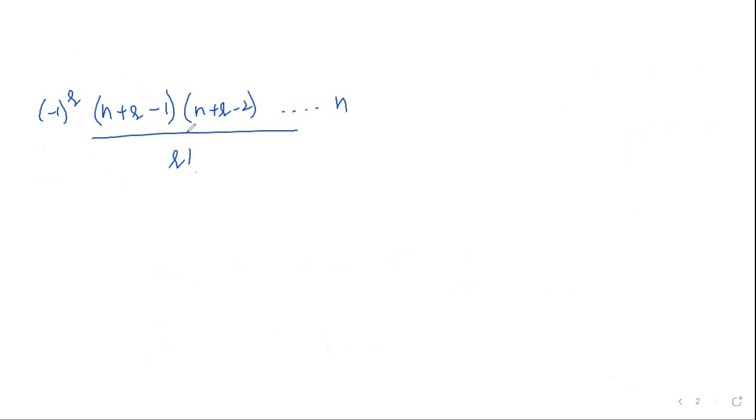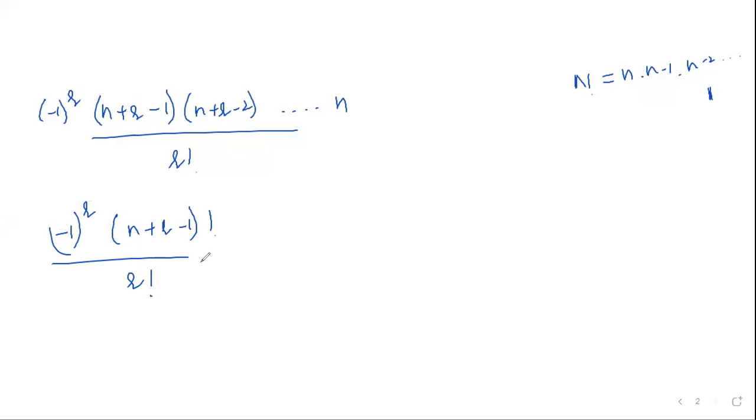Now, suppose you have n factorial, it is written as n into (n minus 1) into (n minus 2) and so on up to 1. This is your first term and this is the nth term. Then this is the expansion, and n plus r minus 1 is the expansion of the same thing. So minus 1 power r is written as minus 1 power r into (n plus r minus 1) factorial by r factorial.